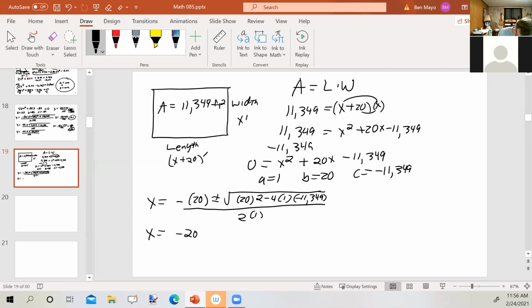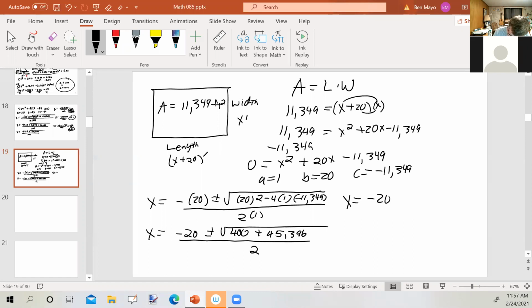X is negative 20 plus or minus the square root of 400 minus 4 times 1 times negative 11,349 is going to be plus. And then we've got what? 4 times 1 is 4 times 11,349. And that's 45,396, all divided by 2.